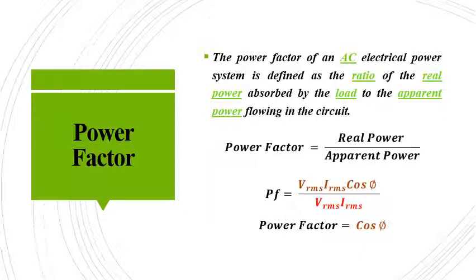The real power, or the power consumed, is given as Vrms Irms cos phi, and the apparent power is Vrms into Irms. So the power factor is cos phi, where phi is the angle between your voltage and current. So power factor actually gives an idea about the fraction of apparent power that is used for useful work.